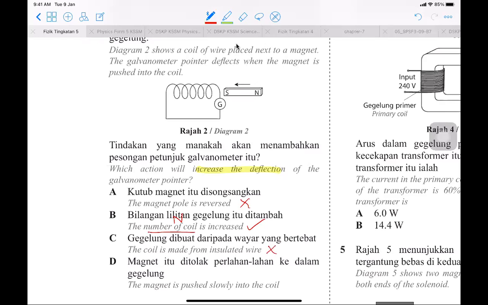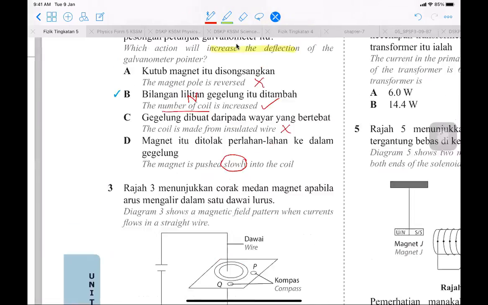It is not the correct factor that we are looking for. And D, the magnet is pushed slowly into the coil. If pushed slowly, the cutting of the magnetic field will also be slow, so the deflection will also be less. So the correct answer should be B. Correct answer is B.